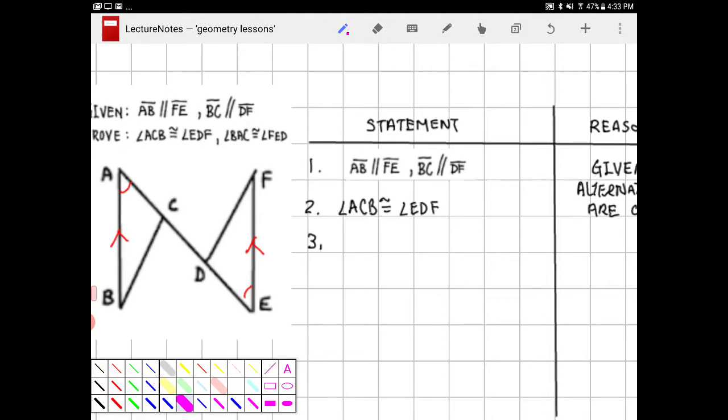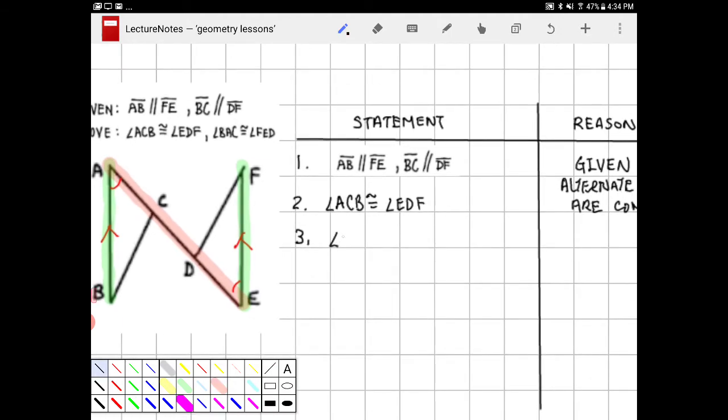And if I isolate by drawing these two lines, these are the two parallel lines that I'm focusing on, and this is the line that is the transversal that I am observing, then those two angles there, angle A and angle E, therefore must be congruent. And what's the reason for this, you may ask?